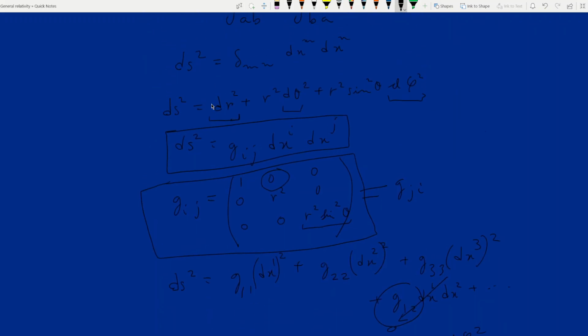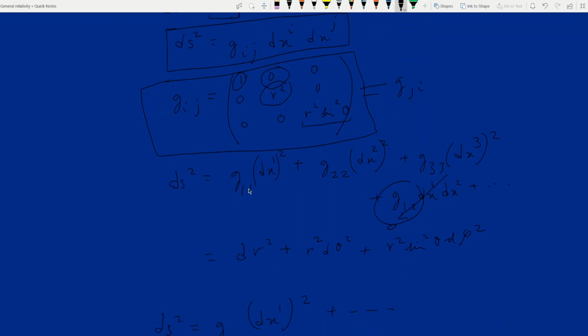So the components, g of 1 1 and g of 2 2, which is r squared, will always be the same in our equation, right?